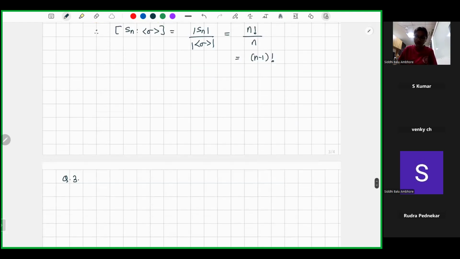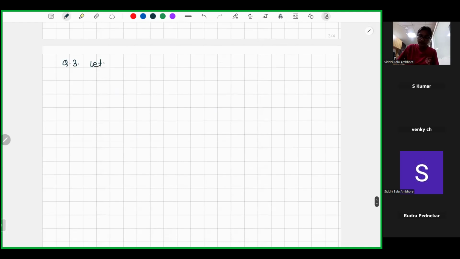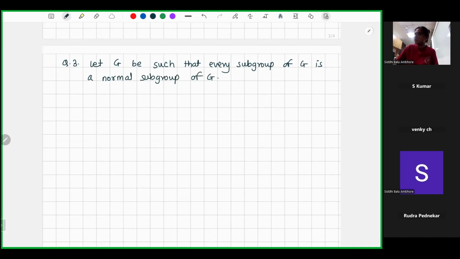So question 3, let me write here only. Let G be a group such that every subgroup of G is a normal subgroup of G, then A. G is abelian, B. G is cyclic, C. G is non-abelian, and D. none of the above.